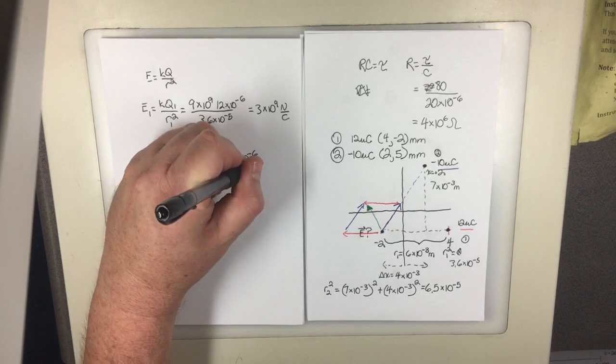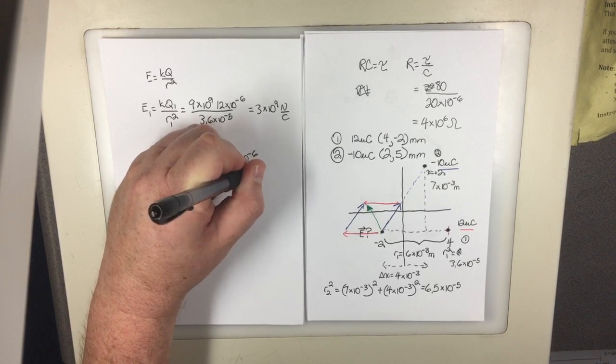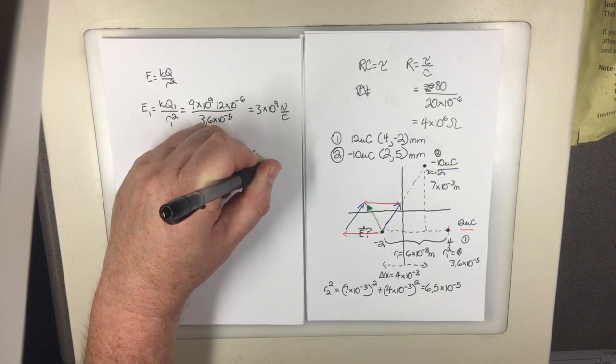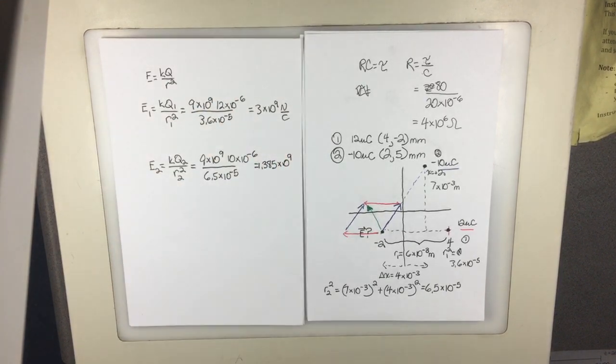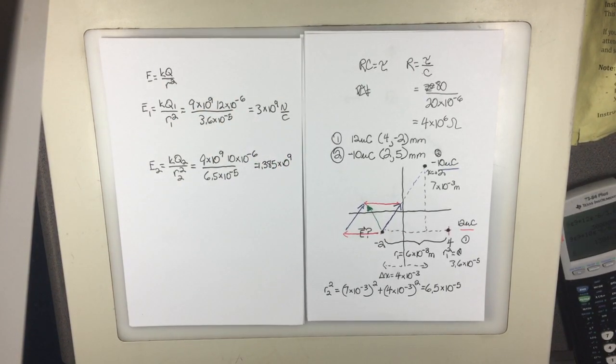This one is a nastier number. 1.385 times 10 to the 9th. And you could say newtons per coulomb, it doesn't matter.